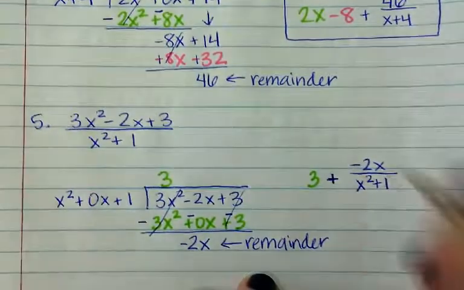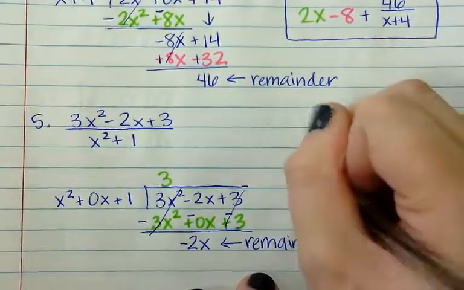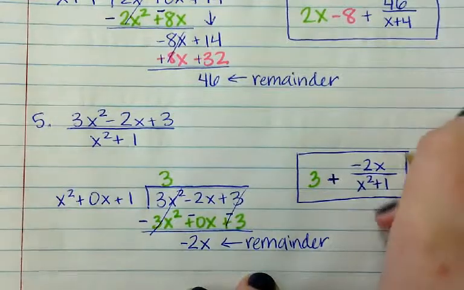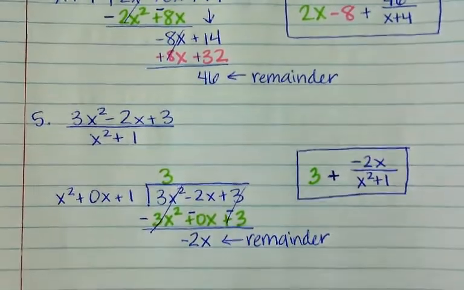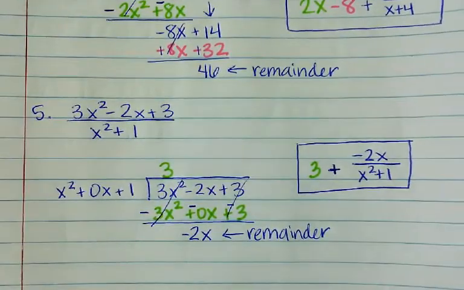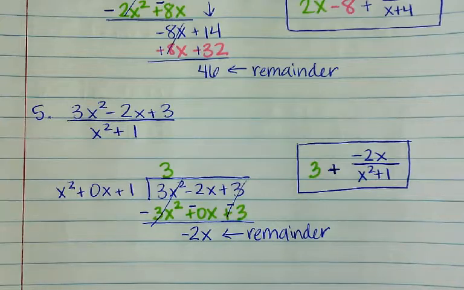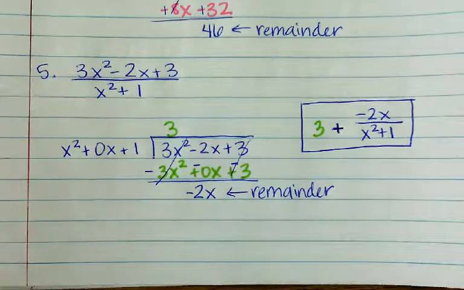So I would say the biggest things that you will need to remember for this is to always add your remainder, and remember when you subtract it to change all the signs. Okay?